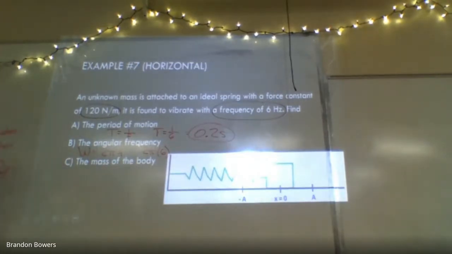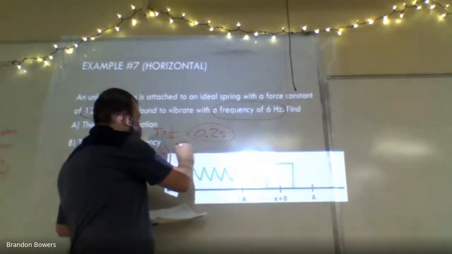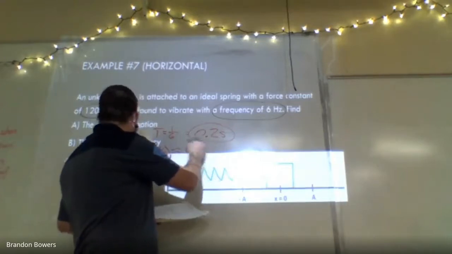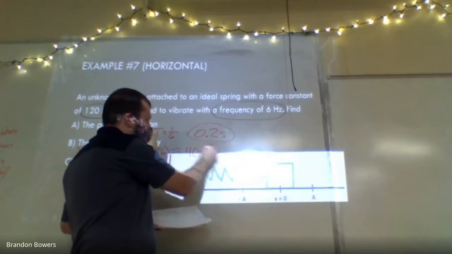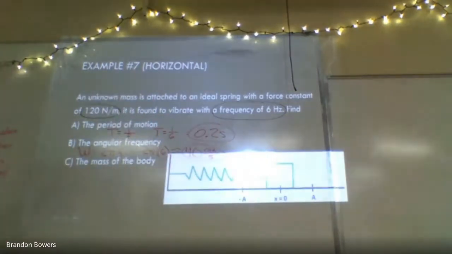And that answer should be 40 with 1 sig fig. How are we doing so far? All right. Feel all right? Okay, just a little practice. And then what's the mass?